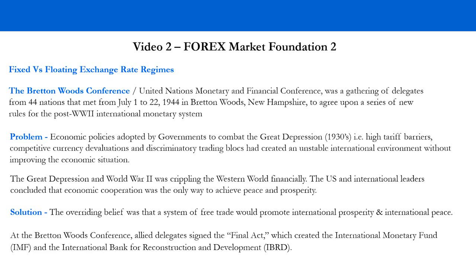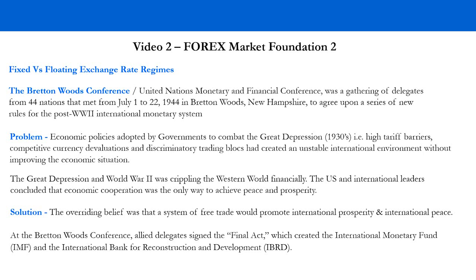World War II was also a crippling factor. The US and international leaders after World War II basically decided that the only way to deal with these two major issues was further economic cooperation, and this in turn would achieve peace and prosperity. So the solution that was put forward was an overriding belief that the system of free trade would promote international prosperity and international peace.